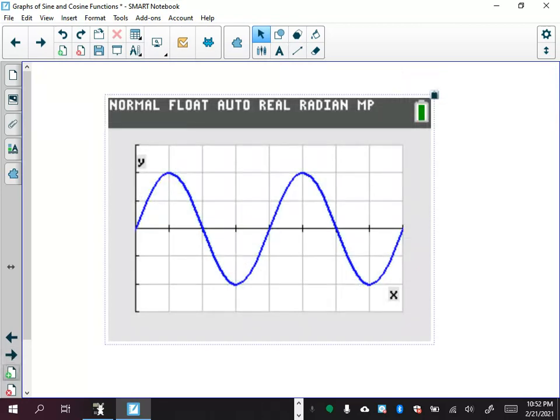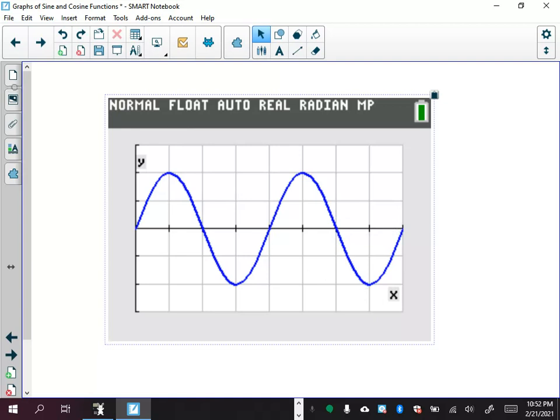Now, if I'm taking a look at this, I know that this value up here is 2. This y value is -2, then +2, and then -2. So that's what I'm bouncing back and forth between. And if I'm counting, here's 0, there's pi, 2 pi, 3 pi, 4 pi, 5 pi, 6 pi, 7 pi, 8 pi. So all that stuff is here.